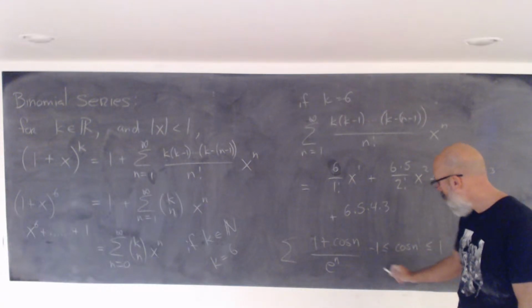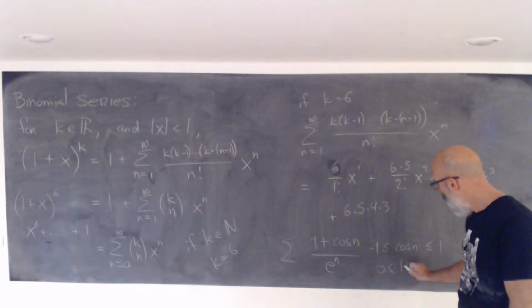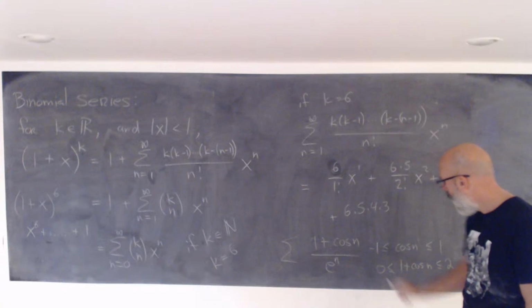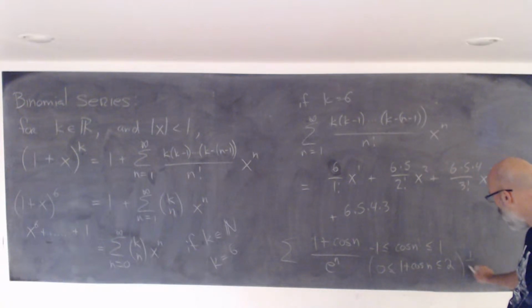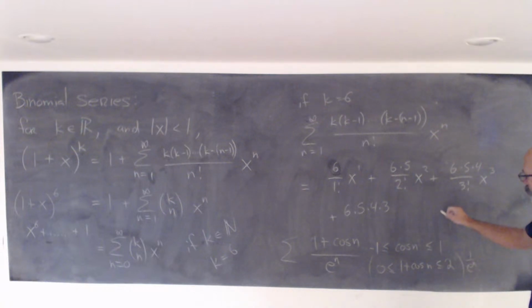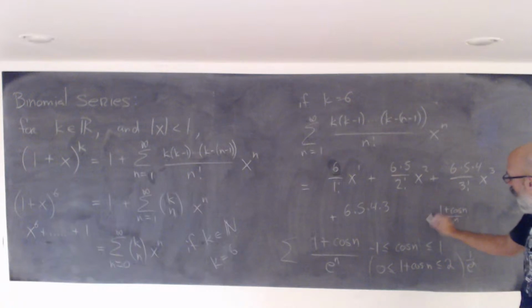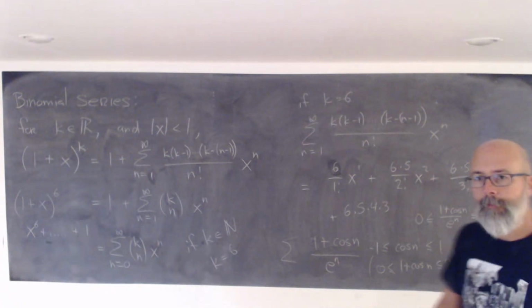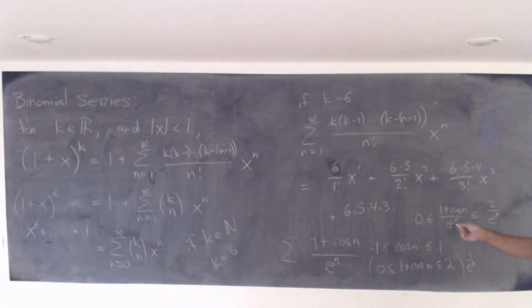So 1 plus cosine n is going to be between 0 and 2. And if you multiply by 1 over e to the n, you get that (1 plus cosine n) over e to the n is bigger than 0, but less than 2 over e to the n. And this is a convergent geometric series. So if the bigger one converges, then the smaller one converges by the comparison test.